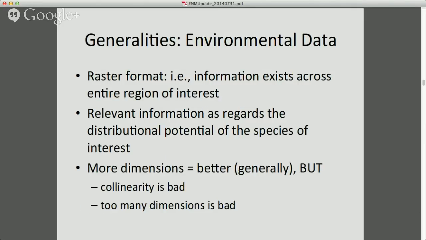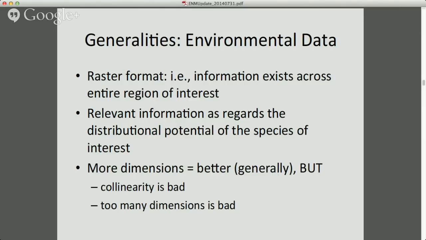Regarding environmental data, I'm going to move pretty quickly through this, but it has to be in raster format, which is to say it has to have data across the entire region of interest. And it should be relevant to the distributional ecology of the species. We don't want too many dimensions. We definitely want enough dimensions to describe major features of the ecological niche of the species.